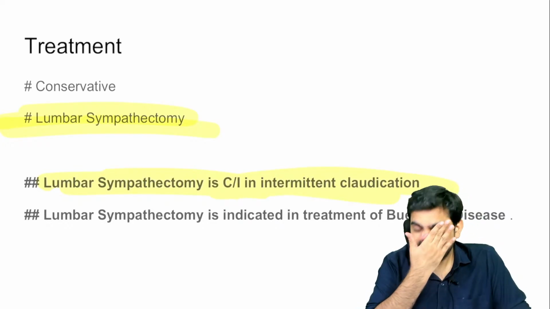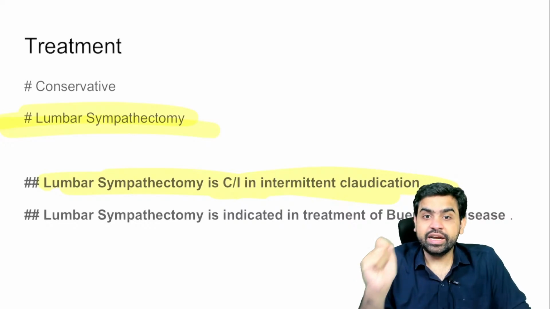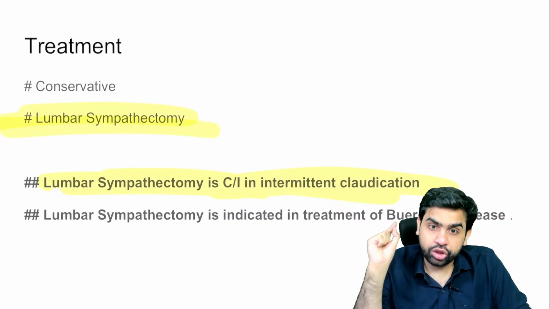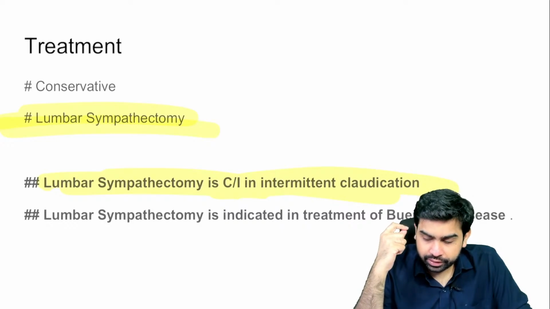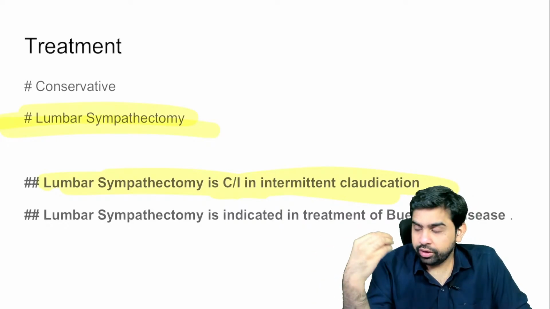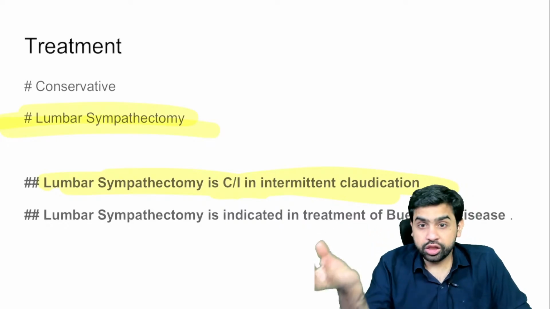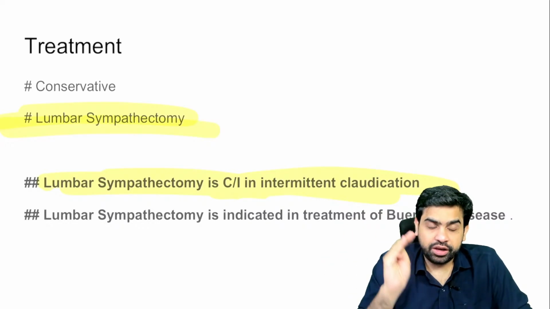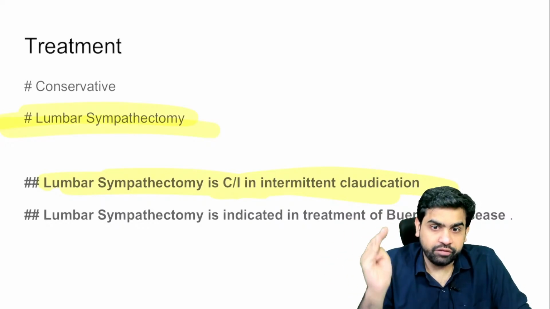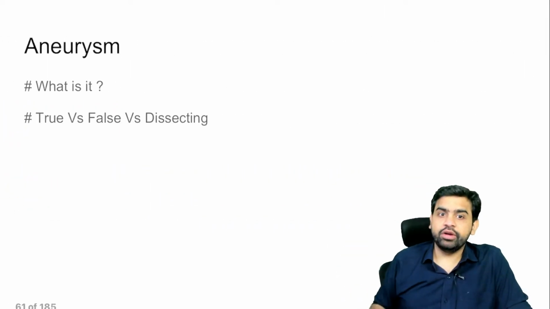If the predominant symptom of the patient is necrosis or ulceration, or the patient has critical limb ischemia, then in that scenario, yes, lumbar sympathectomy is something which is done. I hope you have understood this point, guys.